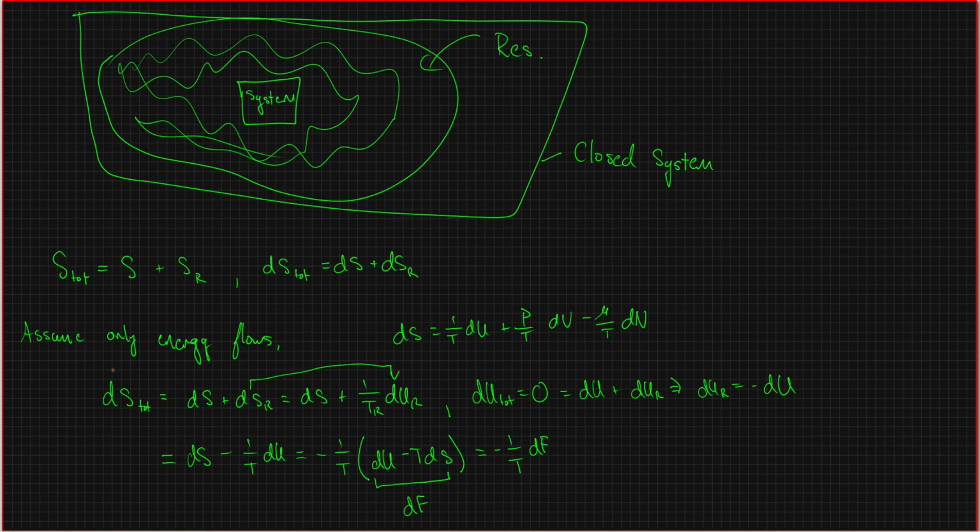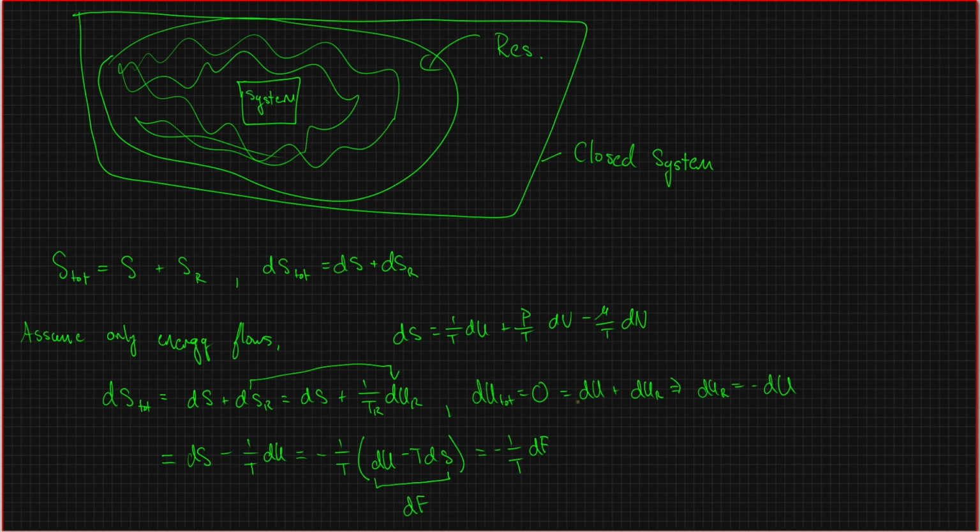If the second law holds, which it does, and entropy can only increase or stay the same, then if you express it in terms of the system, and the system is at constant temperature and only energy is flowing, the system's Helmholtz energy can only decrease or stay the same. It's related to minus 1 over T dF. So if dF decreases, that corresponds to the total entropy increasing.